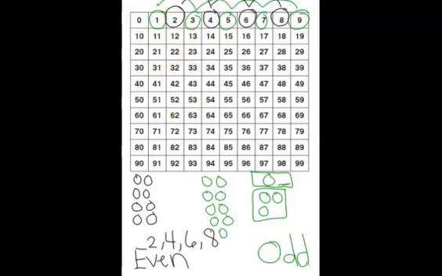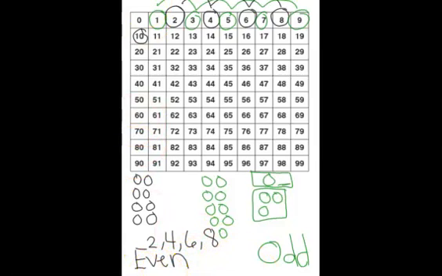Okay, so could I pick another number here that was even or odd? What about 10? What would 10 be? That is correct. 10 would be even because each pair would have a partner.